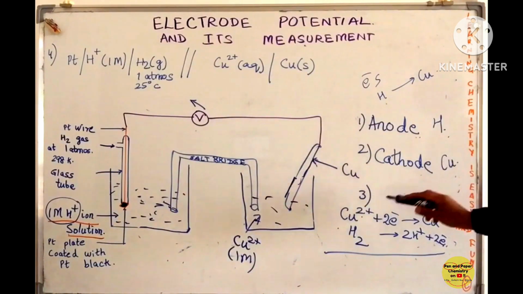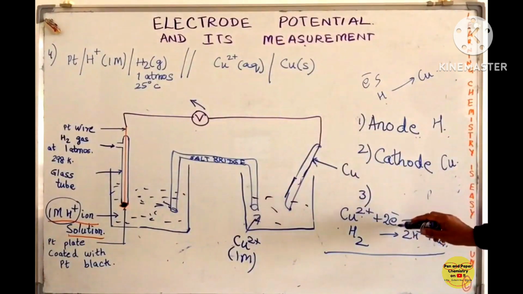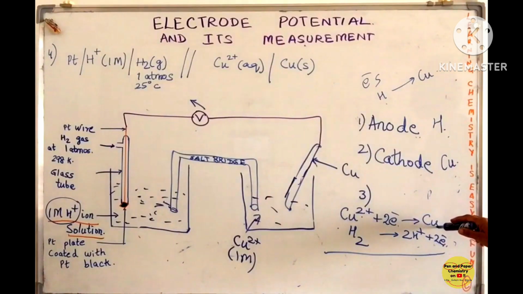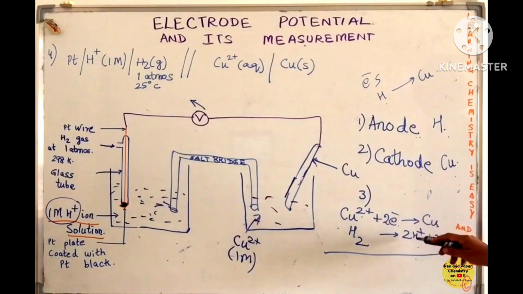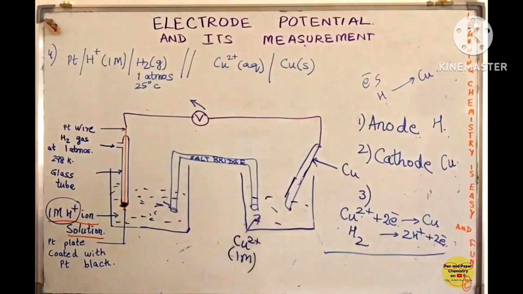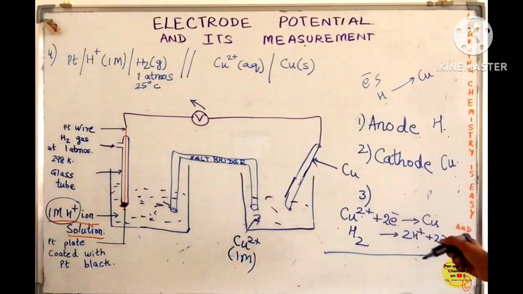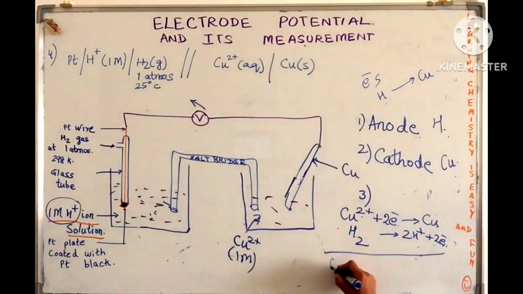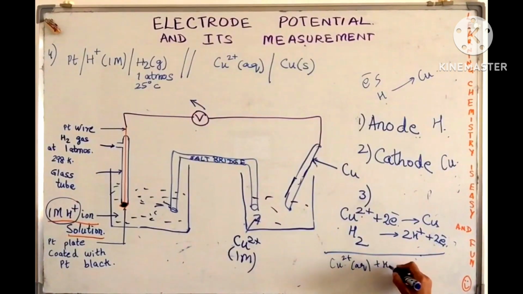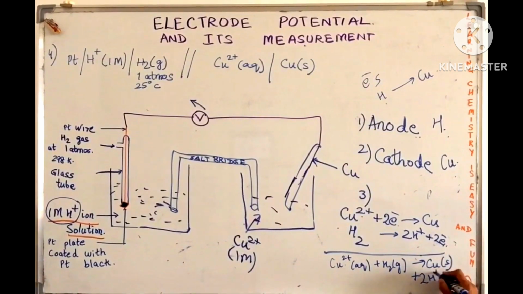For cell reaction, Cu2+ plus 2 electrons gives you copper. Hydrogen changing to 2H+ plus 2 electrons. Just add the two half reactions over here. So we have Cu2+ aqueous plus hydrogen gas gives you Cu solid plus 2H+ aqueous.